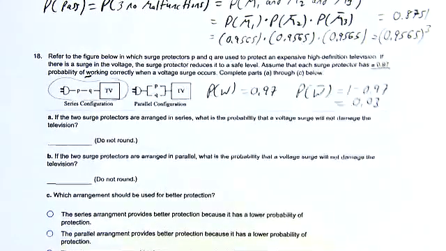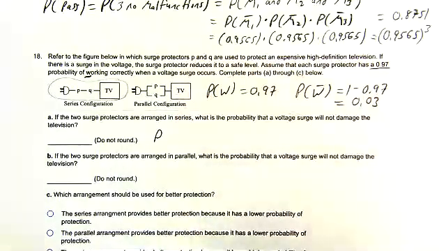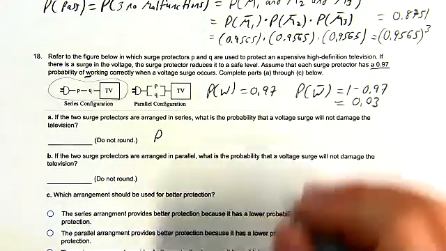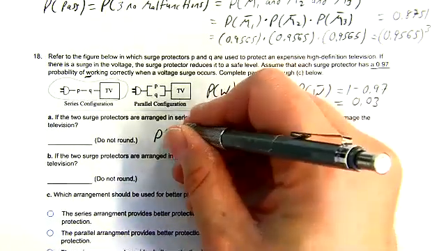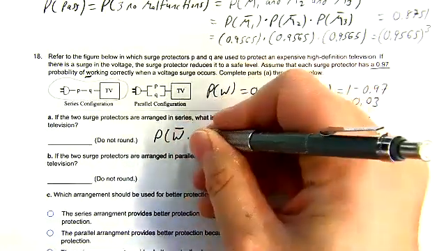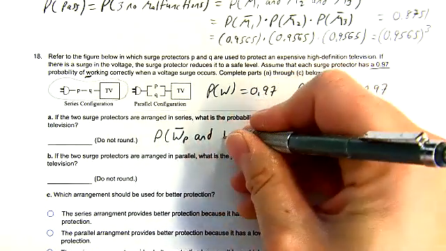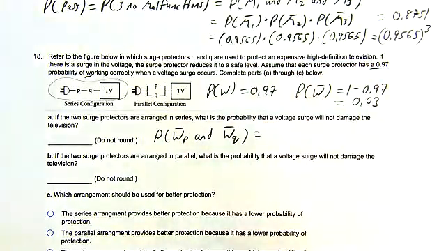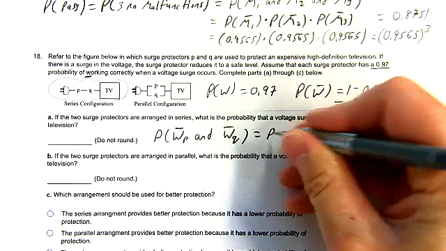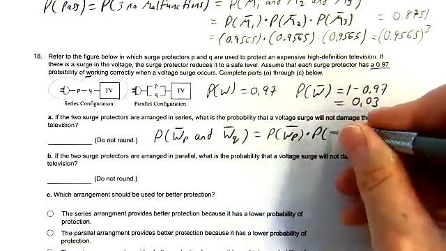So the probability that this thing will damage the TV would be the first one fails, P fails, and Q fails, which would be the probability of WP times the probability of WQ.